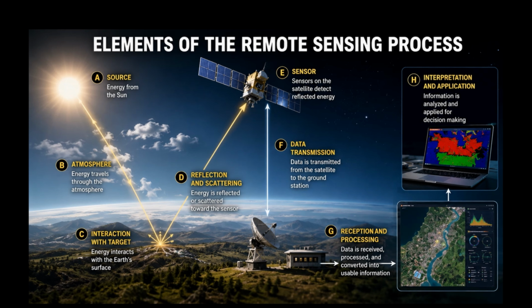F is when the data is transmitted from the satellite to the ground station. And G is when the data is received, processed, and converted into usable information. And H is the last stage, which is interpretation and application. The information is analyzed and applied for decision making.